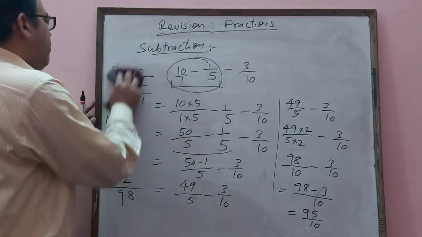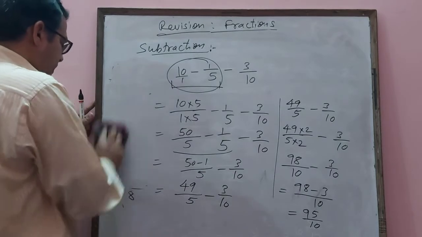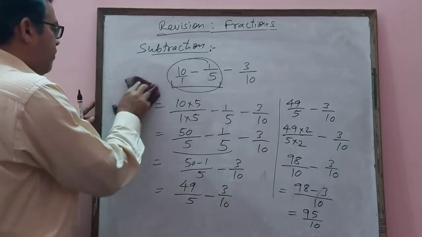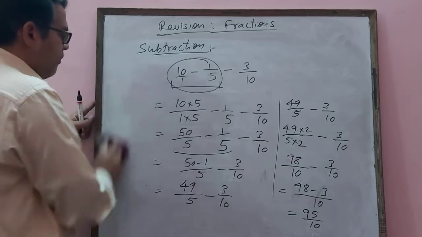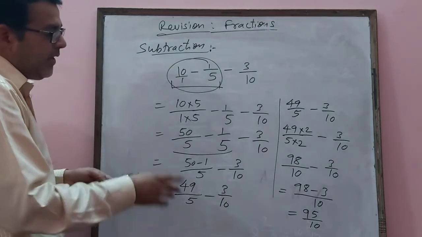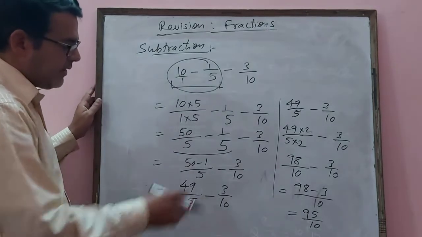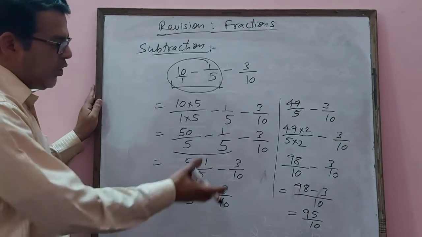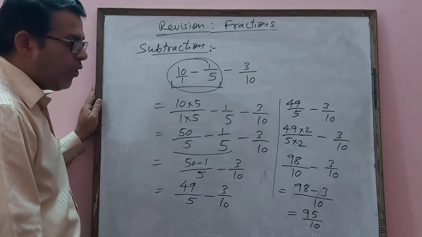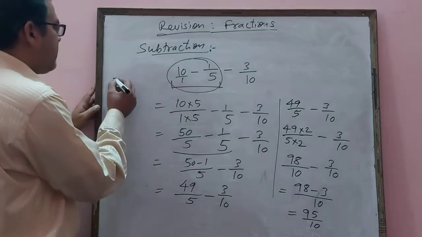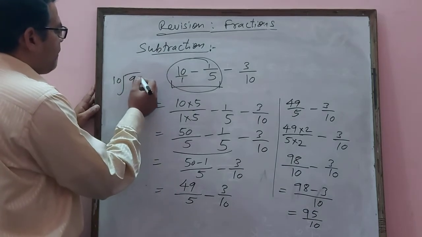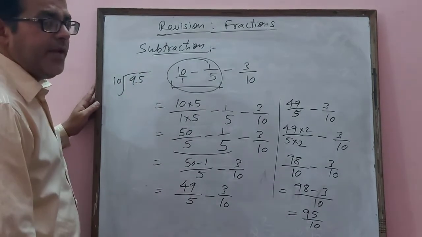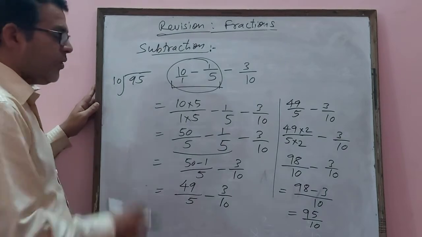95 by 10, you can see here, we can reduce it since we know that by 5 both are divisible. And also this is an improper fraction, since the numerator is larger than the denominator 10. So you do one thing, first you divide 95 by 10. It makes your sum easier.